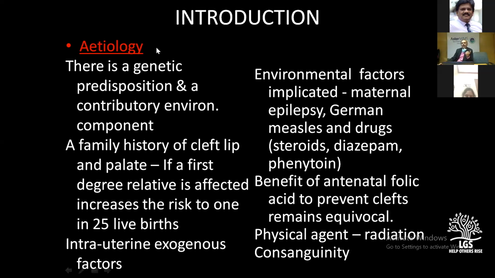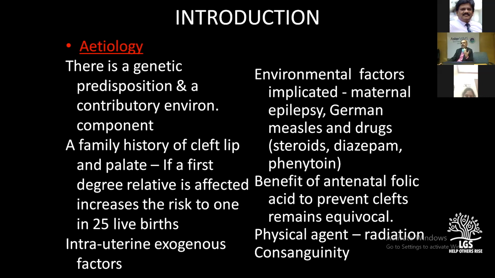Right. Why does this happen? When people are not sure why things happen, there are a number of postulations because no one is very sure why this happens. And obviously, genetics is something that's always blamed, or if that doesn't fit the bill, environmental factors are blamed. So there's a genetic predisposition, especially if there's a family history of clefts, then the incidence is much higher.